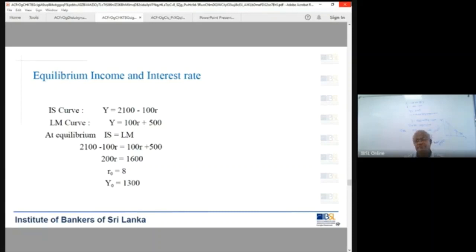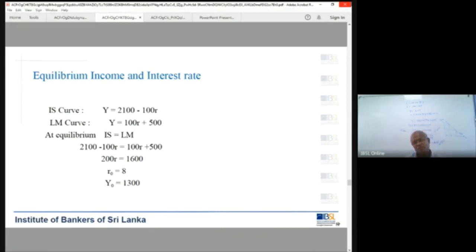Equilibrium income. You know the IS curve, you know the LM curve. At equilibrium, IS equals LM. The interest rate is 8. If we substitute 8 into one of these equations, you get Y of 1,300. GDP is 1,300 million and the interest rate is 8. At this point the economy is in general equilibrium.